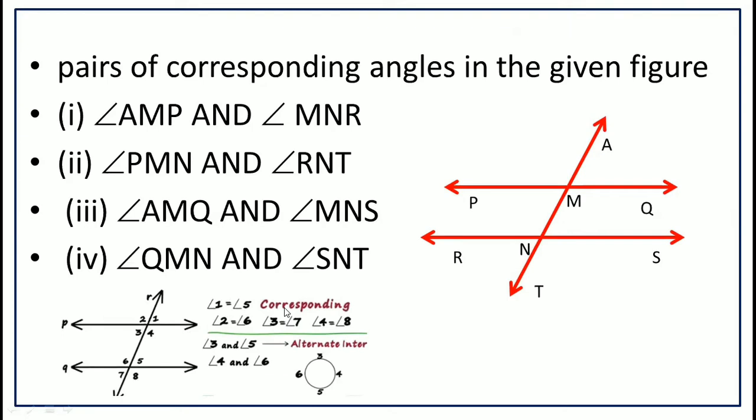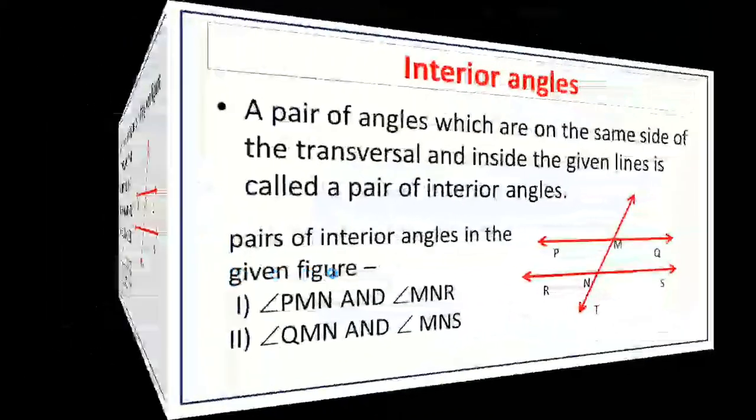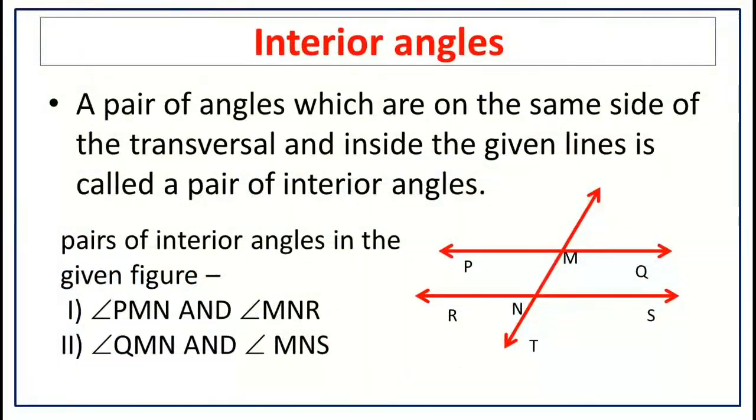Then you learn the next angles by using the transversal line. These are the interior angles. A pair of angles which are on the same side of the transversal and inside the given lines is called a pair of interior angles.